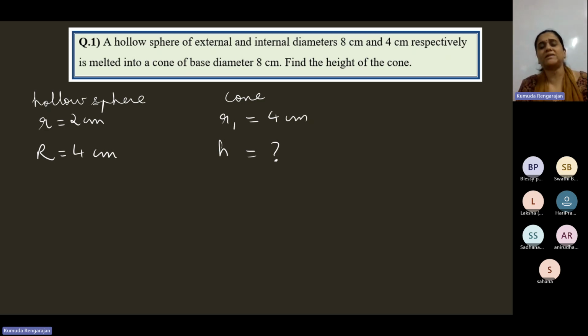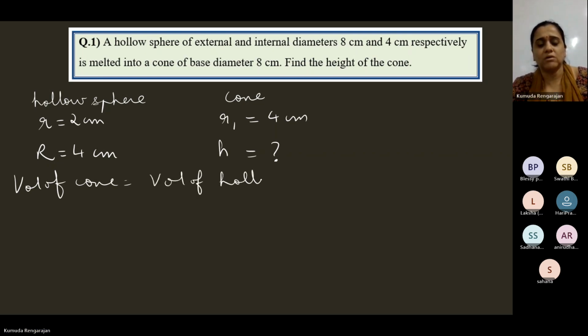No, you keep that in the left hand side. So tell me, volume of cone is equal to? No, in words, volume of cone is equal to volume of hollow sphere, that's all. Volume of cone is equal to volume of hollow sphere.